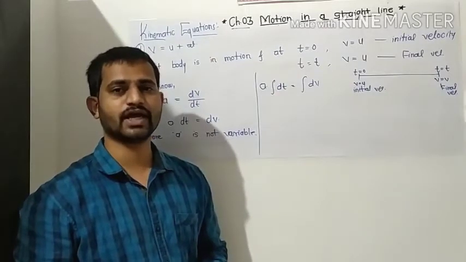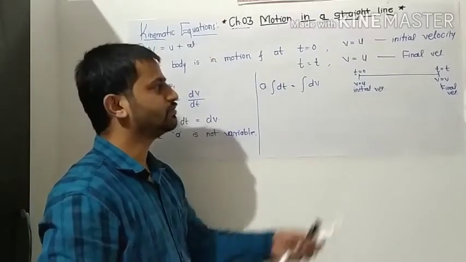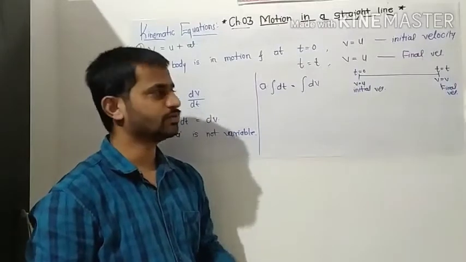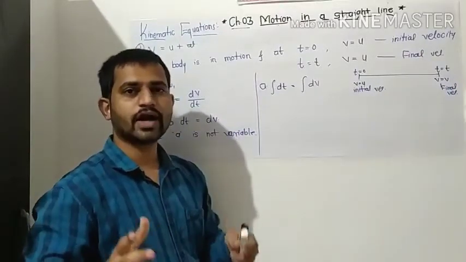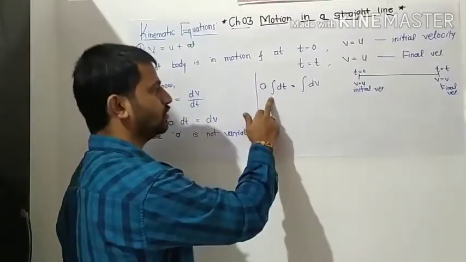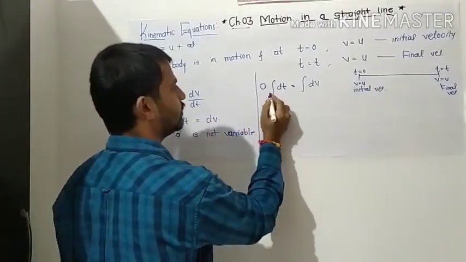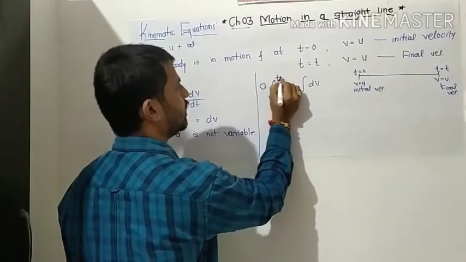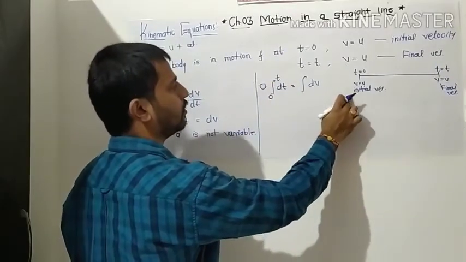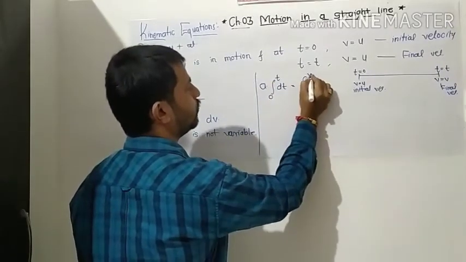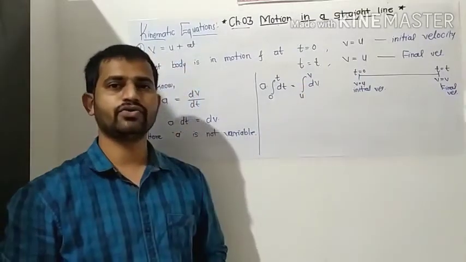Which are the limits we can apply? We see t changes from 0 to t and v changes from u to v. So write the lower limits to the lower side and the upper limits to the upper side. We have to write down 0 to t for the left side, and for the right side it is u to v.